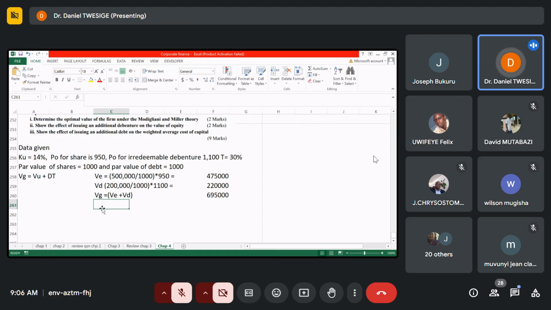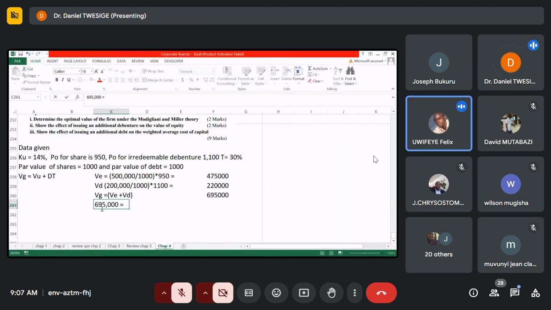Now the optimal value. So our VG, we need to get the VU by getting 695 as the current value. But I don't think it is going to be different. 695, because that is the current value. 695.